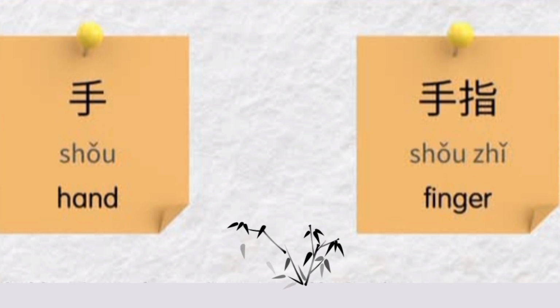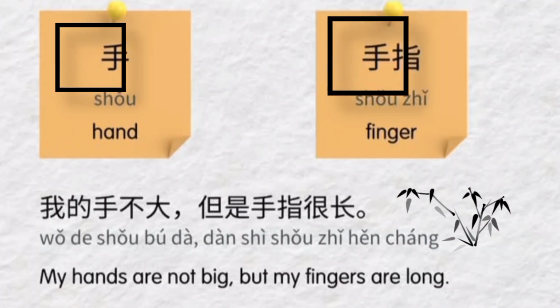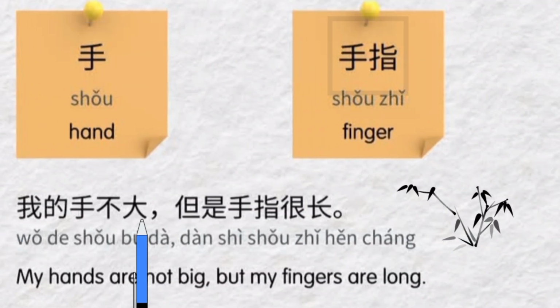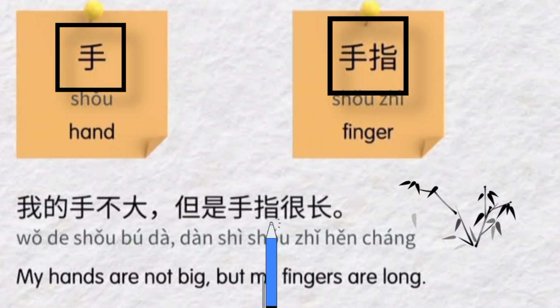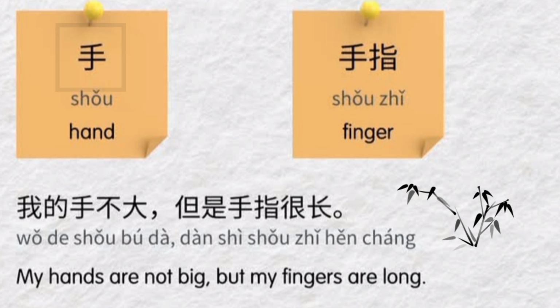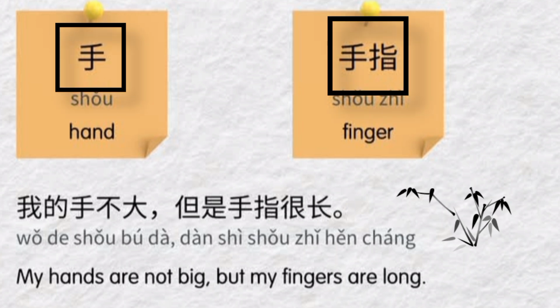Let's watch a useful example. 我的手不大，但是手指很长。My hands are not big, but my fingers are long.